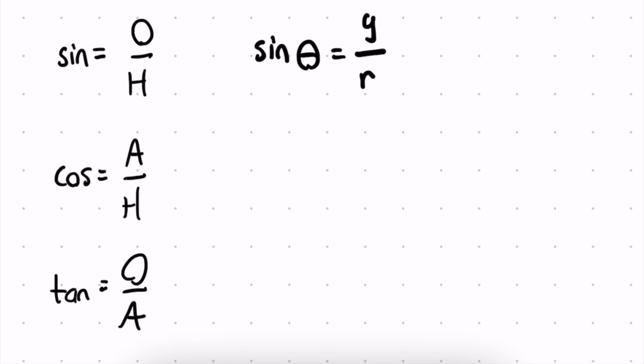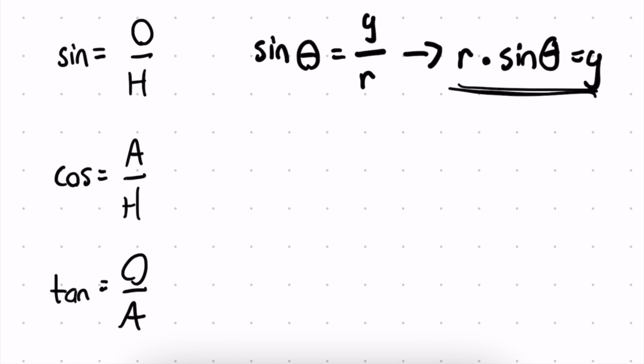If we rearrange that, you end up with radius times sine theta equals y. We can use this function to give us our y coordinate.